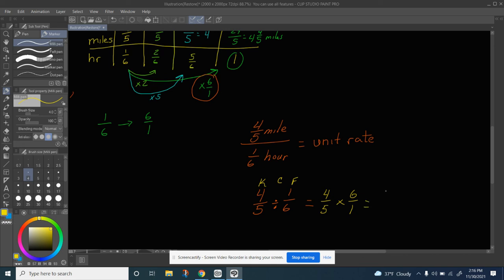When we multiply across the top, 4 times 6 is 24 over 5 times 1, 5, which is 4 and 4/5. And our label is miles per hour. So just a real quick reminder on how we can find a unit rate based on two fractions or a complex fraction.